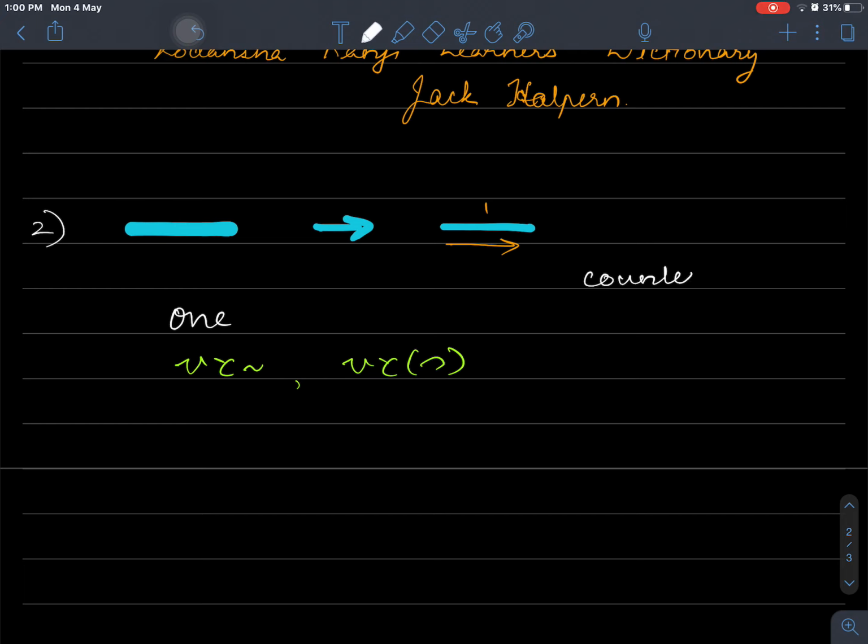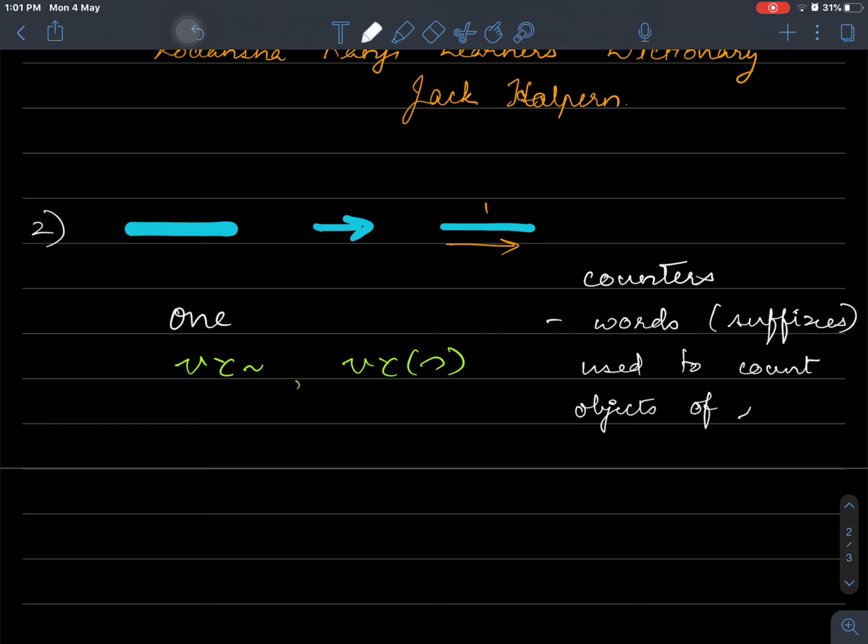So these are called counters, which are words, usually suffixes, used to count objects of specific kinds.